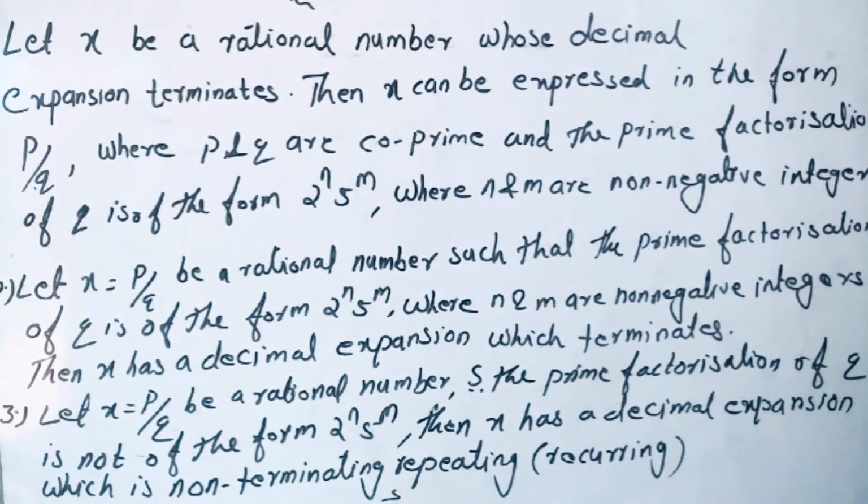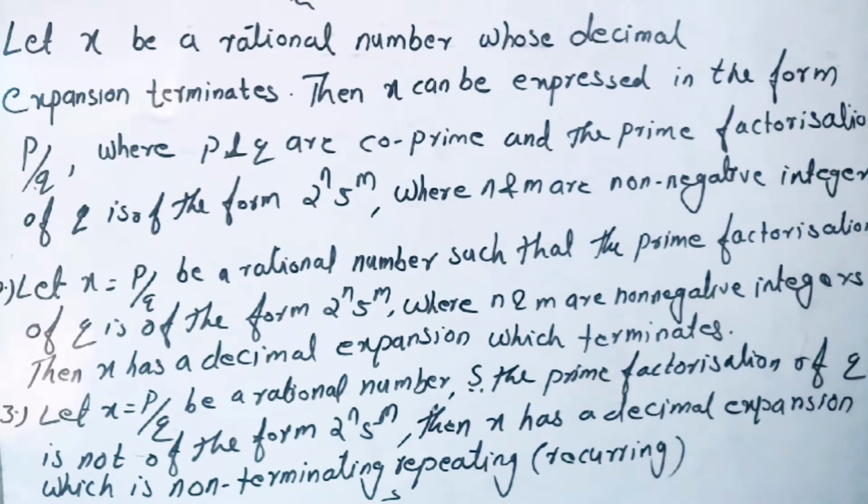So, if you want to check whether the decimal expansion corresponding to a given number terminates, you need to find the prime factorization of the numerator and denominator first.